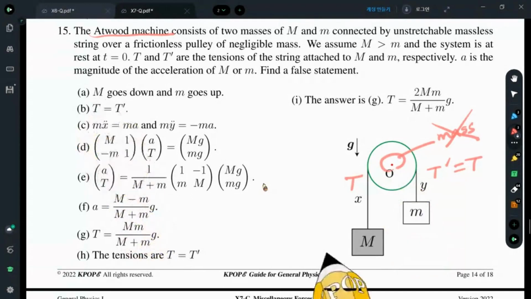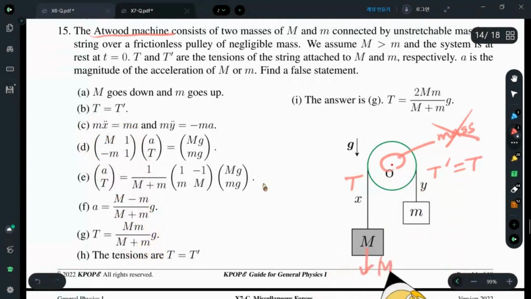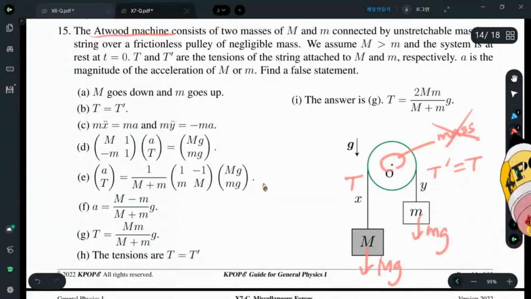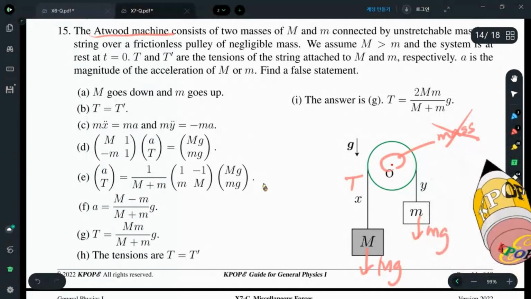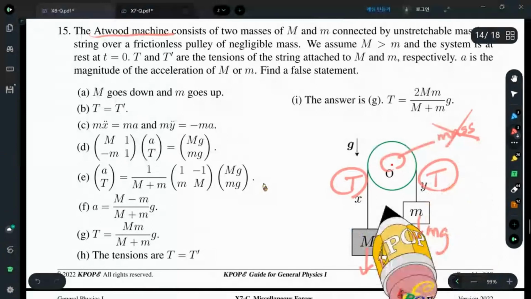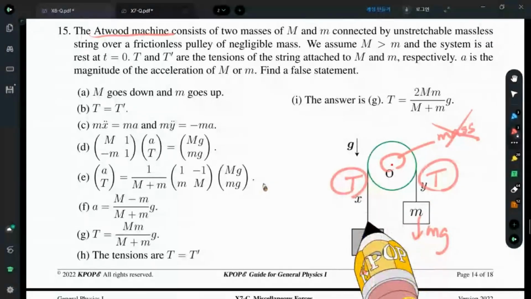The gravitational force is down, and we have tension, the same tension applied in here.